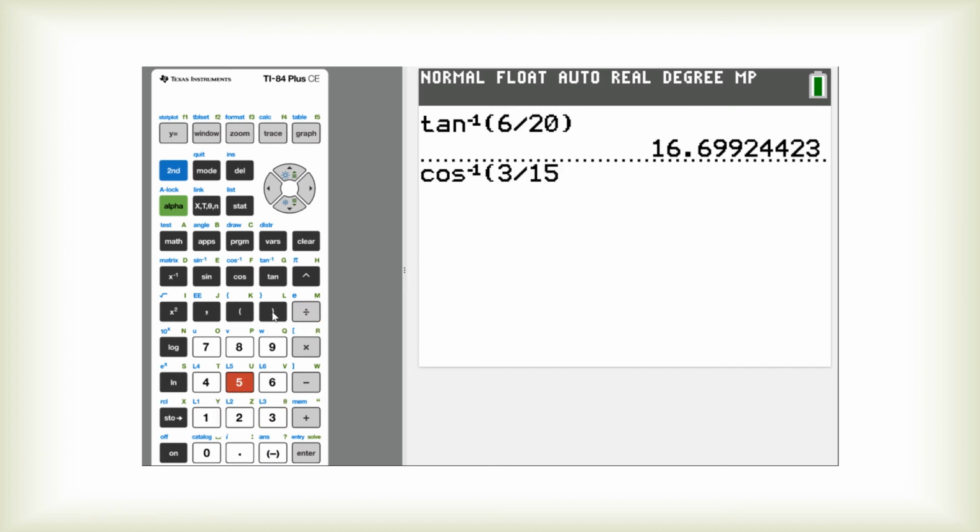Close my parentheses, hit enter, and wow, there we go. If I round that to the nearest tenth, that angle measure is 78.5. Using the inverse trigonometric ratio helps us find angle measures when we know side lengths. Next up, we're going to completely solve a triangle, and it will be fantastic.